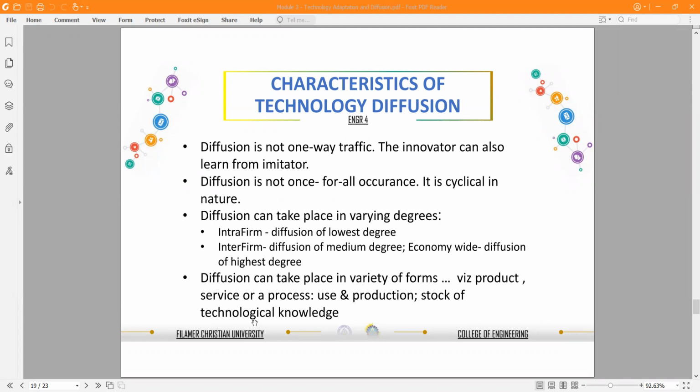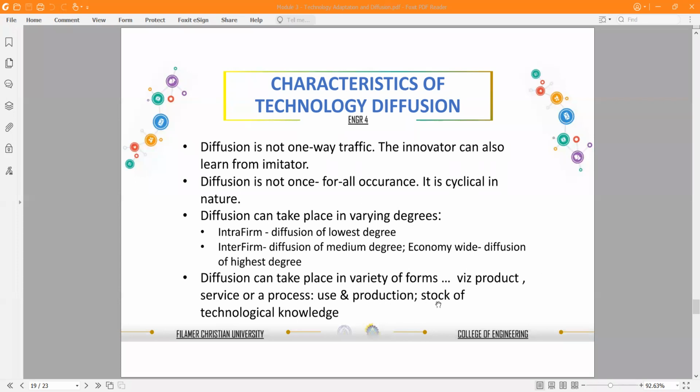And so the diffusion can take place in variety of forms. Let's say products, services, or process. So use and production. Ayan. So we have also the stock of technological knowledge. So depende. It came from variety of forms. No? It can be a product or service or process, and it might be used in production.